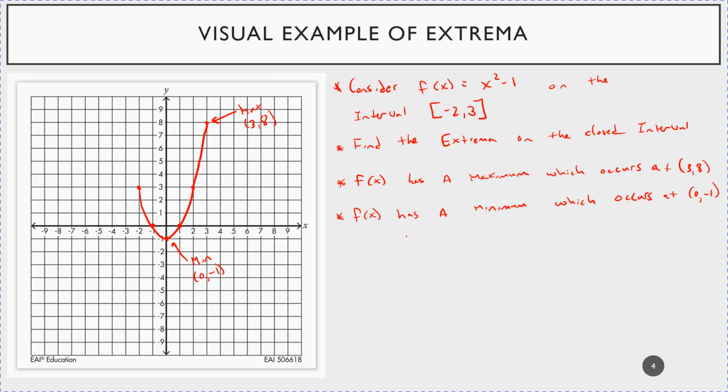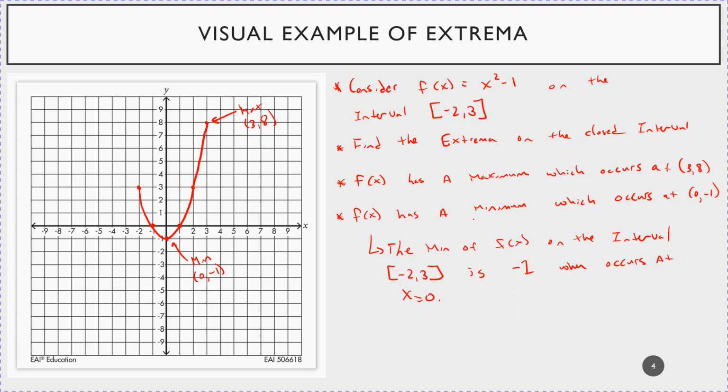So another way of saying this is, and I'm just going to do it for the minimum, not for the maximum, the min of f of x on the closed interval from -2 to 3 is -1, which occurs at x is equal to 0.